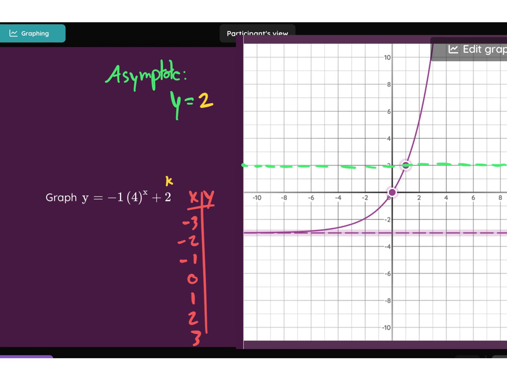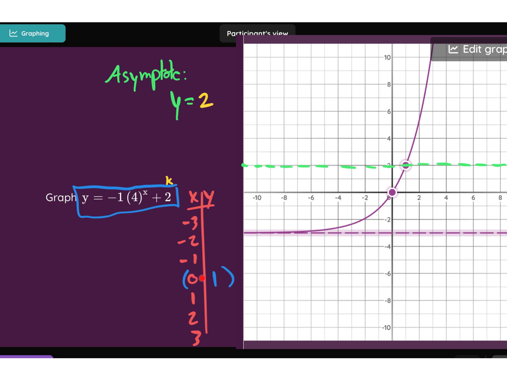So we could take this value of 0, plug it in right here. 4 to the 0 is 1. 1 times -1 is -1. And -1 plus 2, including the k, -1 plus 2 is 1. So the input 0 gives us the output 1. And because we're including the k, that's an actual coordinate of our final graph.